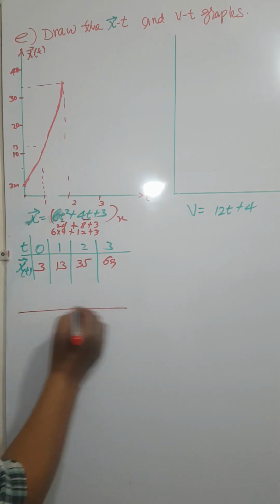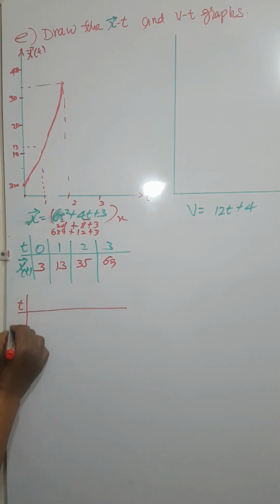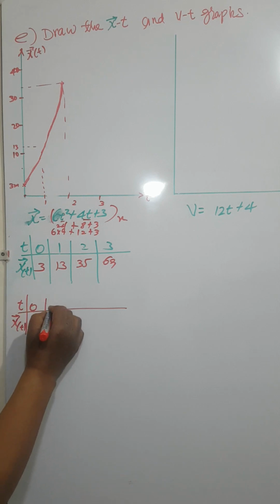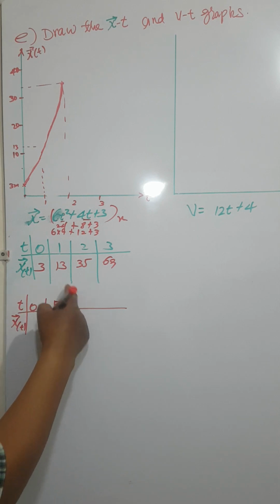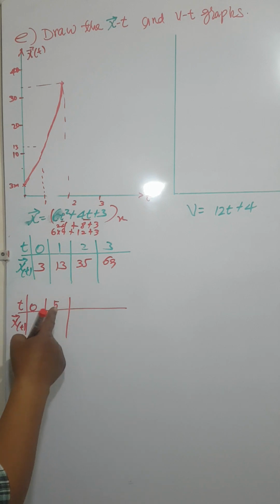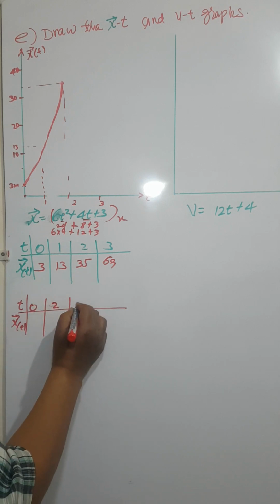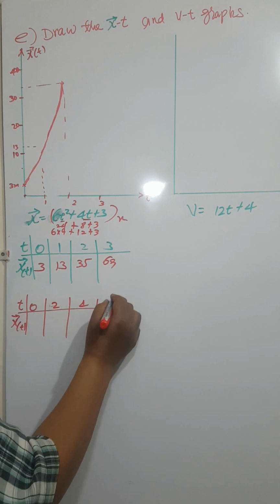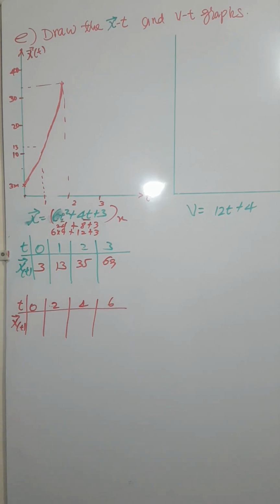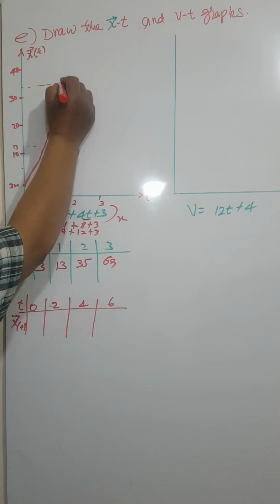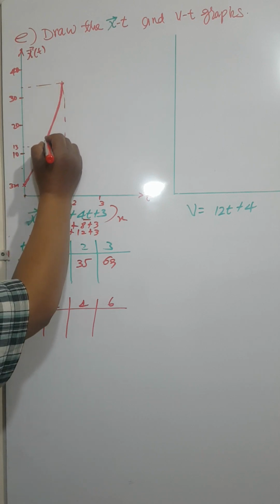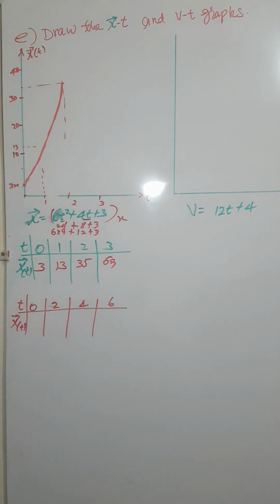If we took t from 0, 2, 4, 6, it becomes a very big number, but the curve would be seen. This is the curve.